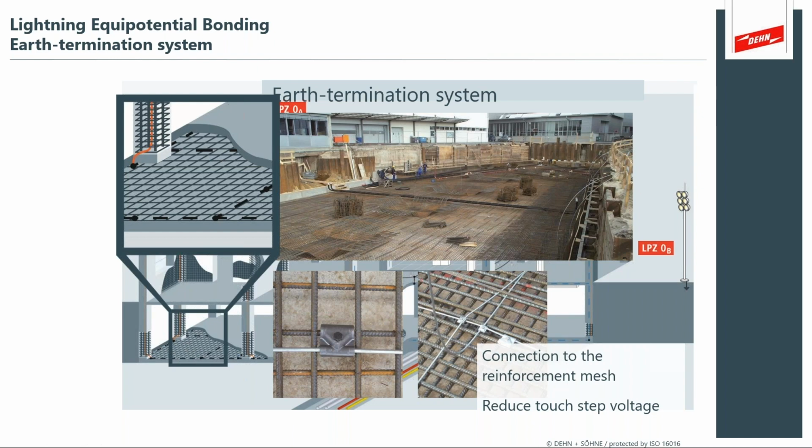What we're trying to do with bonding is create zero voltage. You don't want a voltage potential between the column and the floor. You want it bonded. You want low touch step voltage.